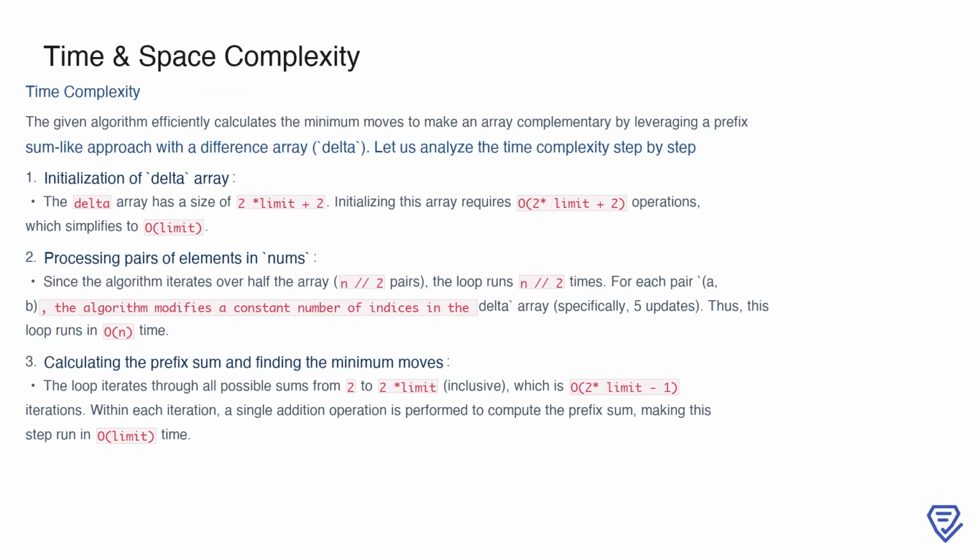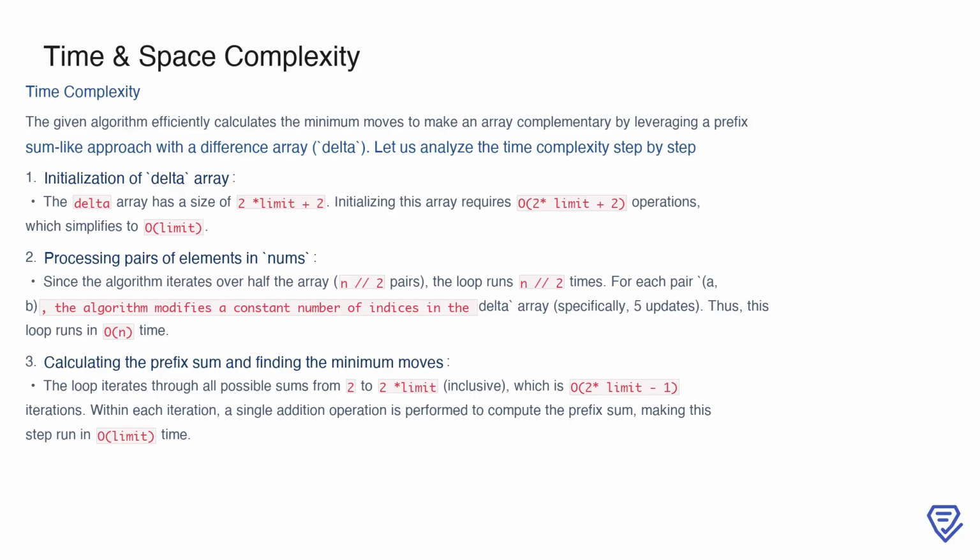To determine the time complexity of this algorithm, we break it into three main steps. First, the initialization of the delta array. The array has a size of 2 * limit + 2, and initializing it requires a single pass through its elements. This step takes 2 * limit + 2 operations, which simplifies to O(limit).